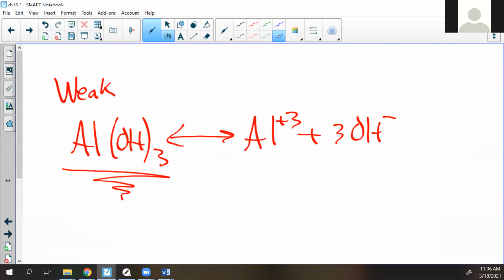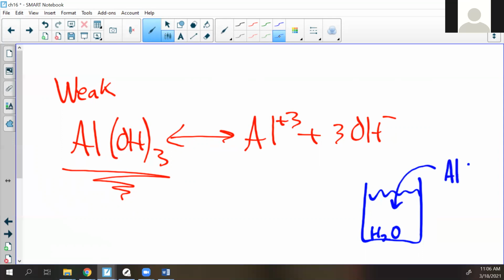Coming along here, we would say, all right, I have my beaker that's just full of water. And then I add something that I know will dissociate. So AlCl3. You okay with that? I dump this in, and I know this dissociates because I have chapter 4 memorized, stone cold.